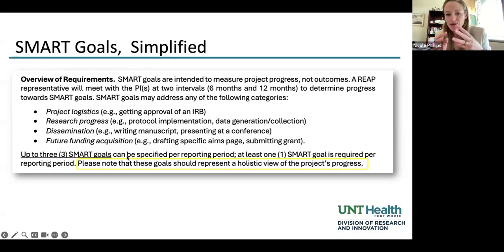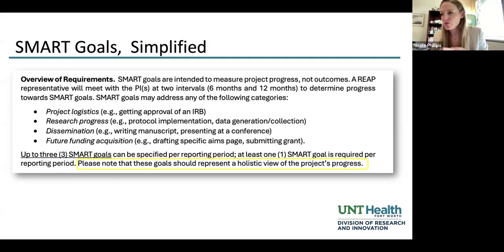You can specify up to 3 SMART goals per reporting period, but only 1 is required per reporting period. This will be really clear once I show you the template in a second. When I talk about it here, it feels a little bit ambiguous. And just as an important note, your SMART goals are part of the evaluation criteria. So make sure that they are capturing the aspects of the project as a whole.